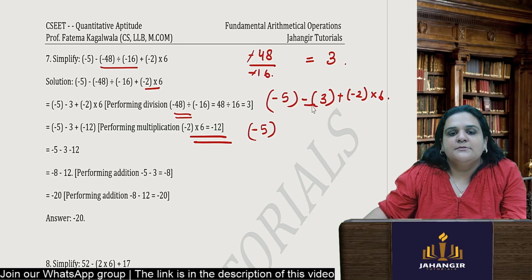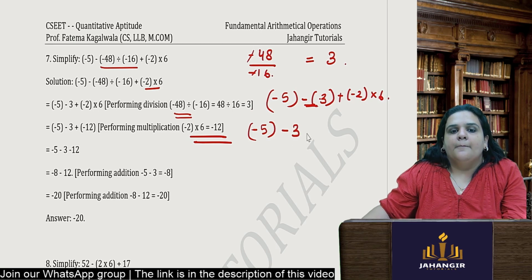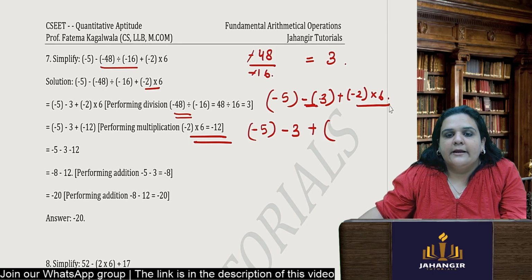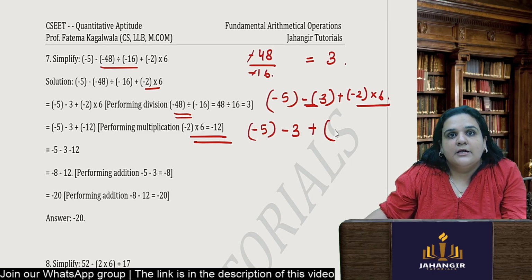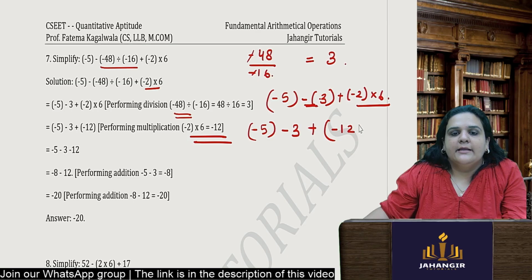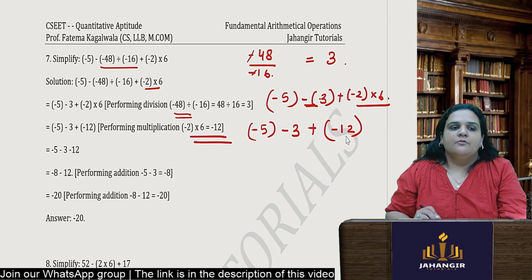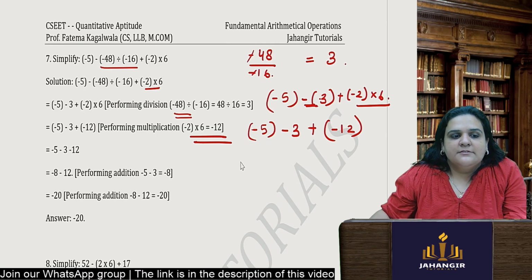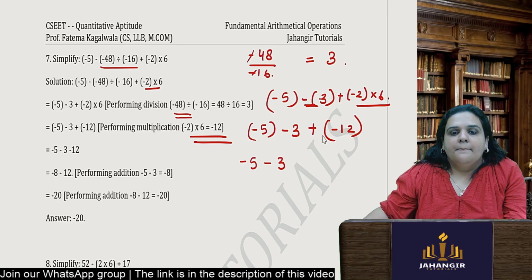I am opening this bracket. Minus into plus will give me minus 3. And here I am going to write it plus and in the bracket I will write the product. 6 2s are 12. One positive, one negative integer. Negative only, 12. Now minus 5, minus 3, plus and minus again will become minus 12.